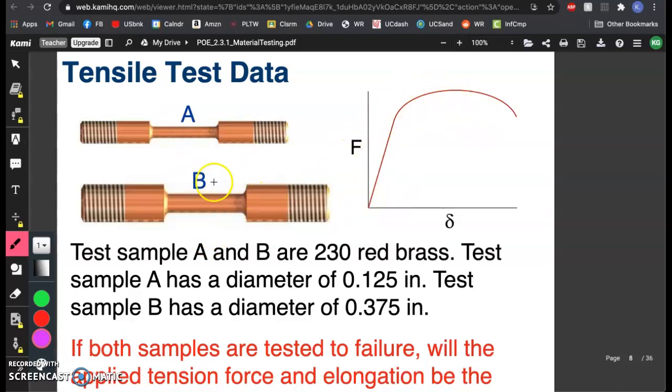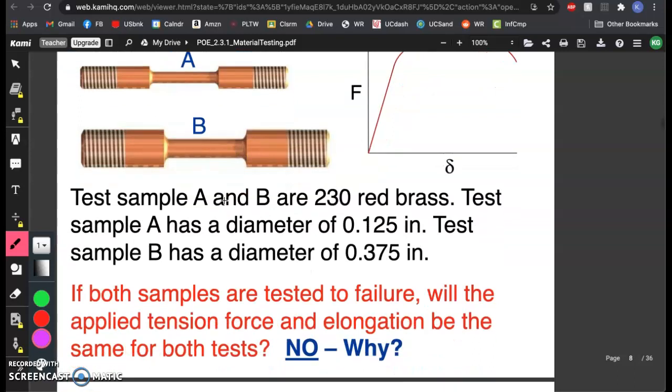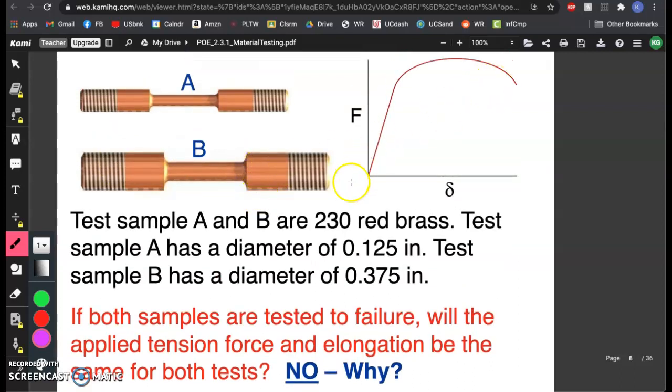So instead of having it based off of just how much force it takes, scientists had to come up with a different way. So no matter what, let's say this is brass. If this was a little brass piece and this was a big brass piece, they wanted the same exact number to show up as far as how much it took before it reached that region where it would never bounce back.